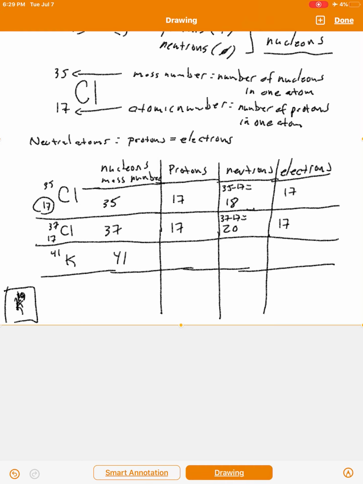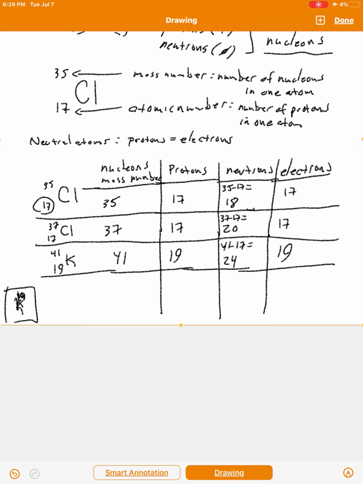That number above there is 19. So there should be a 19 there. So it's got 19 protons. Again, the number of electrons is equal to the number of protons, so we already have that one. And then the mass number minus the atomic number, that's going to give us the number of neutrons.